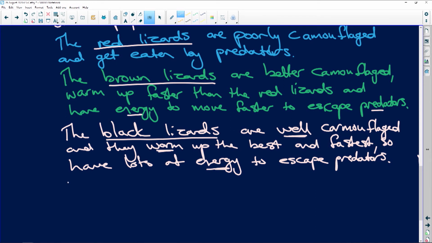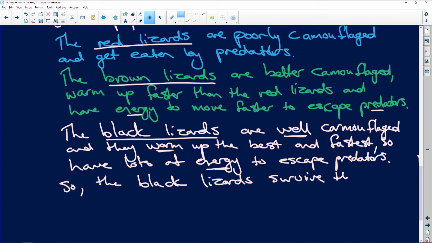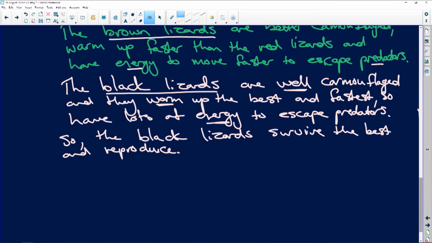So the black, I mean, this is common sense. The black lizards survive the best out of the three, and reproduce. Okay, so they're going to reproduce. Why? Because they've survived. They survived the best, and they then reproduce.